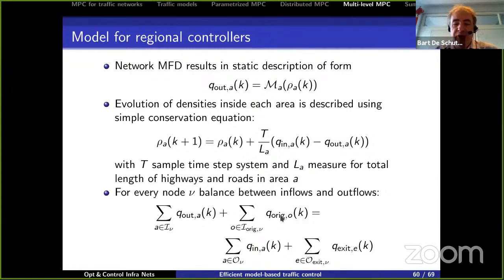So the inflow in the current area is the outflow of the neighbors and of course the external inflow, and that equals then the outflow towards the neighbors. So the outflow of the current area will be the inflow of the neighbor and also the exit flows. And we need a balance between all of them.